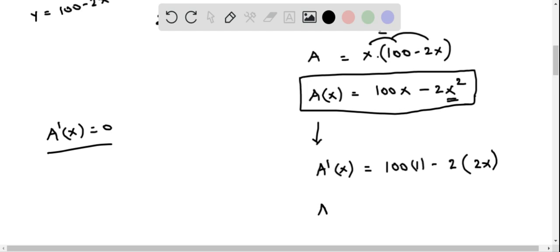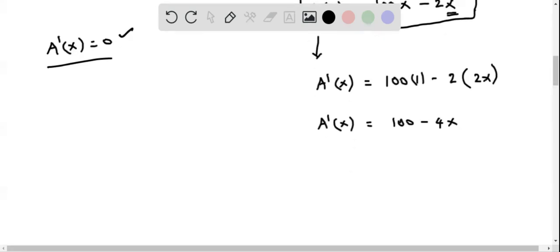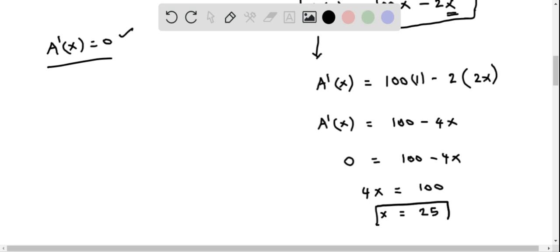Let's simplify this. We have A prime of x equals 100 minus 2 times 2x, which is 4x. Now we set A prime of x equals 0. This gives 0 equals 100 minus 4x. Solving for x, we get 4x equals 100, and so x equals 100 divided by 4 equals 25. So this is basically the critical point of the area function.